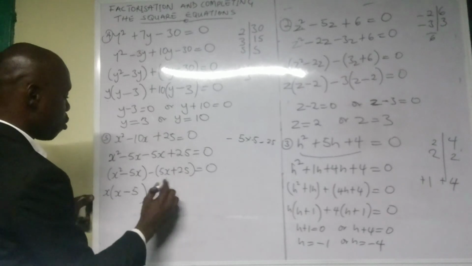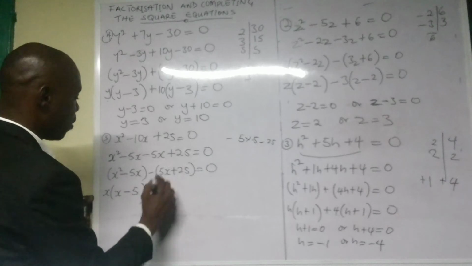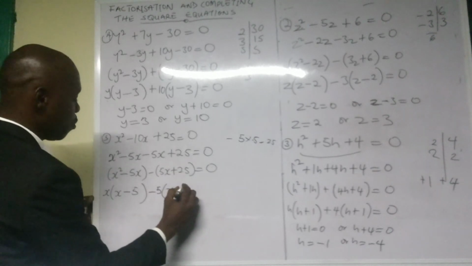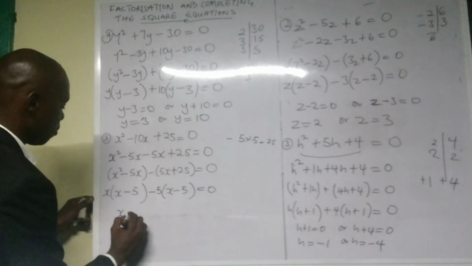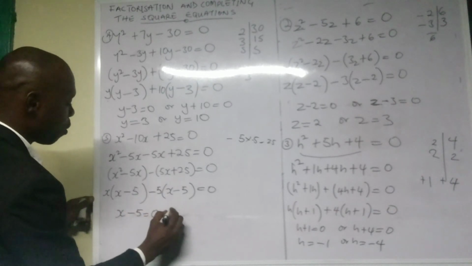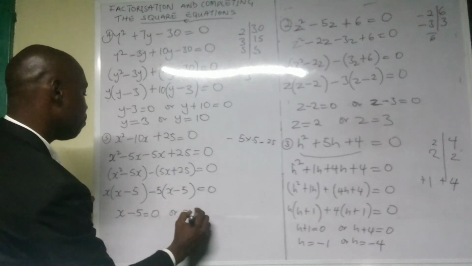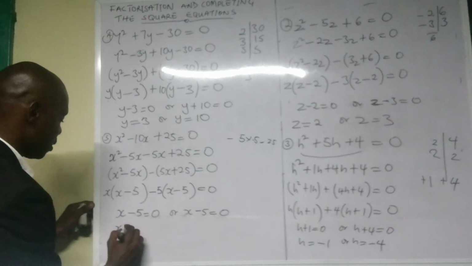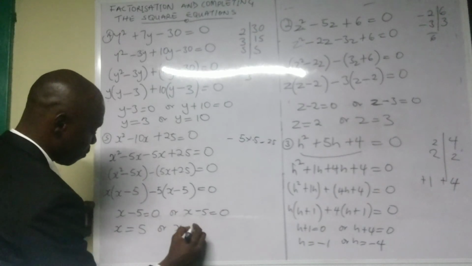Then we pick the one that is common here. 5 can go out, 5 here, remaining 1, minus times plus is minus. 5 in 25 is going to give you 5 equals 0. So this one is x minus 5 equals 0, or x minus 5 equals 0. So from here now, x equals 5, or x equals 5.